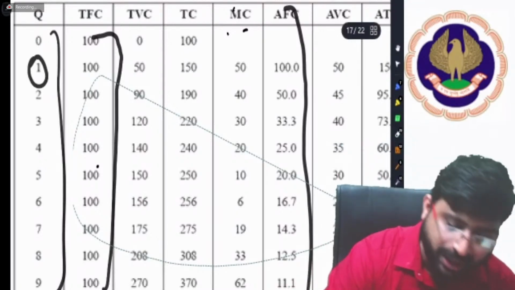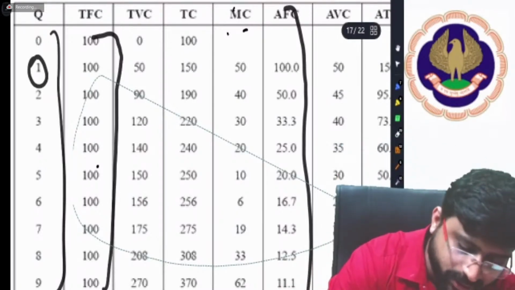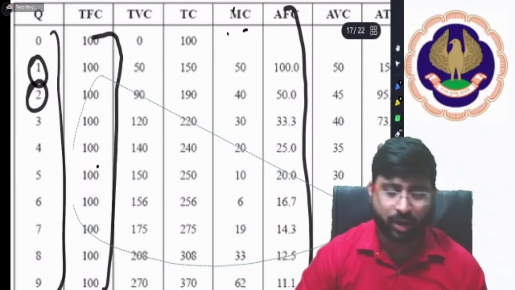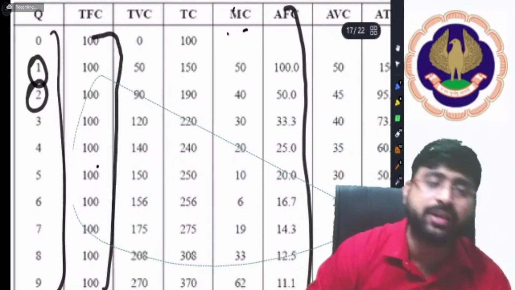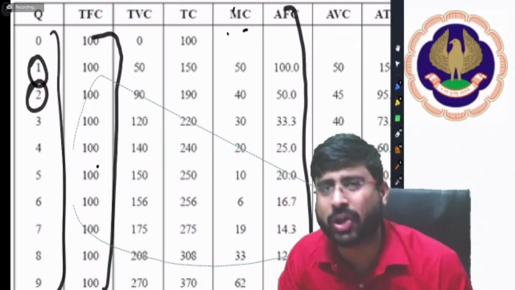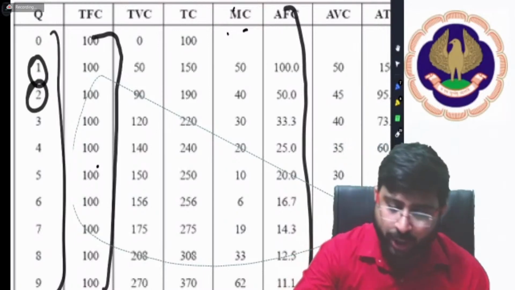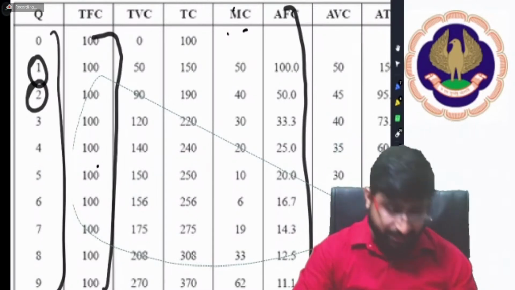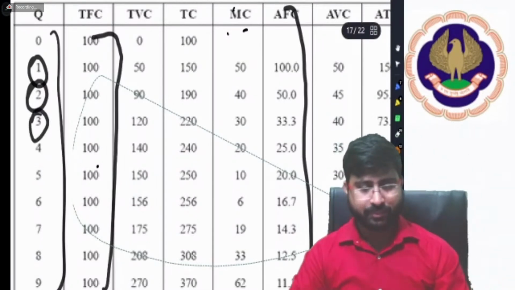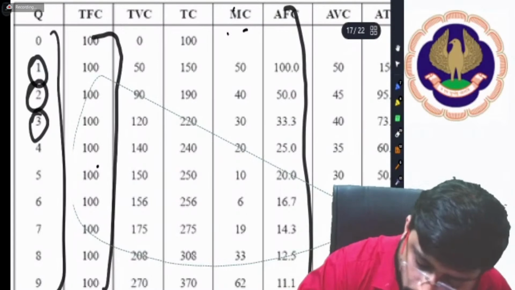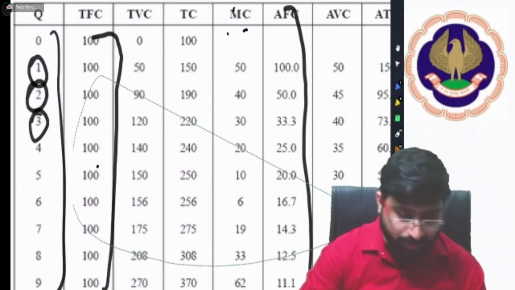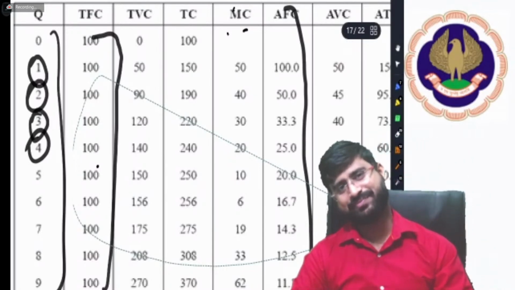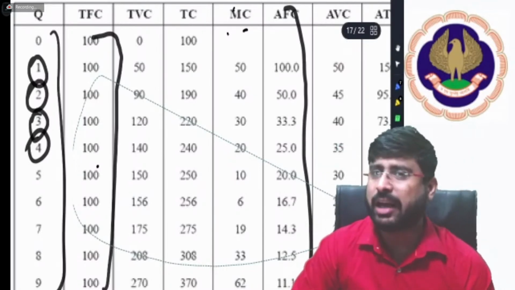But when quantity is 1, total fixed cost is 100, so 100 by 1 is 100. When quantity is 2, total fixed cost is not going to change, so 100 by 2 gives you 50. With quantity 3, 100 by 3 gives you 33.3. When you are dealing with 4, 100 by 4 gives you 25. That is average fixed cost.